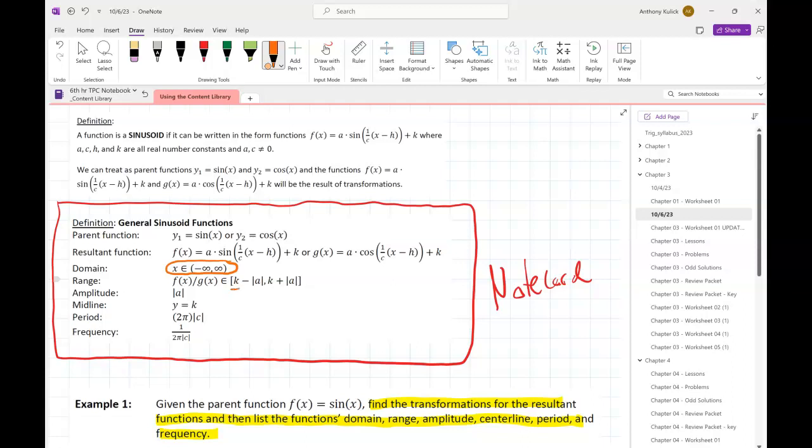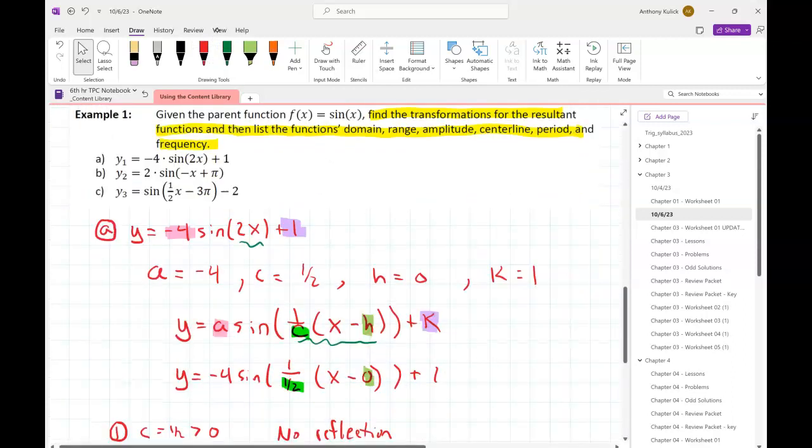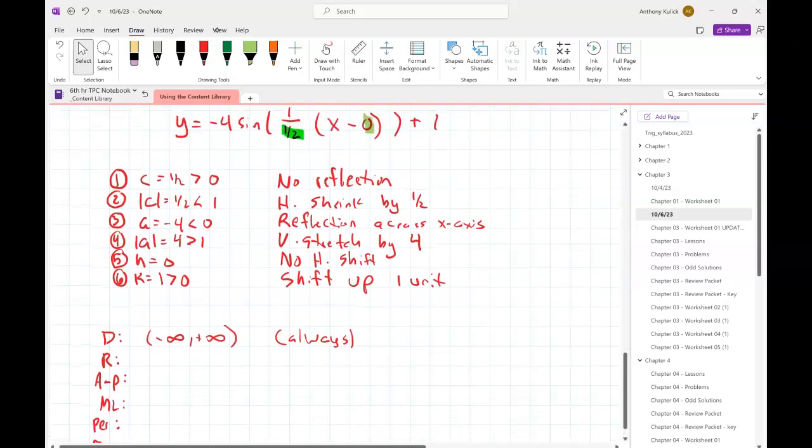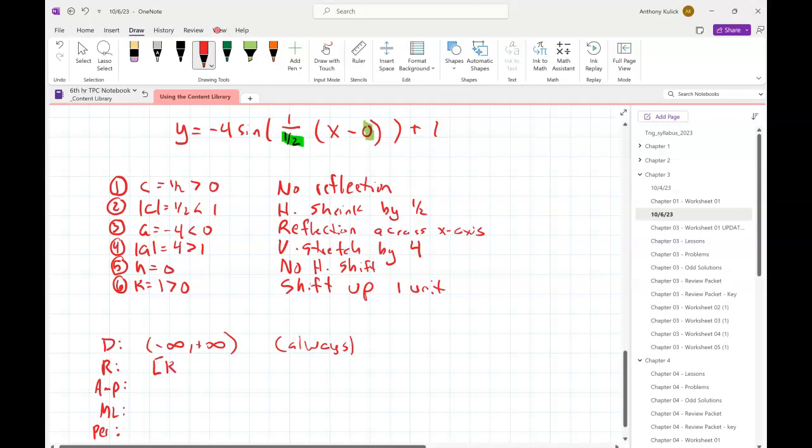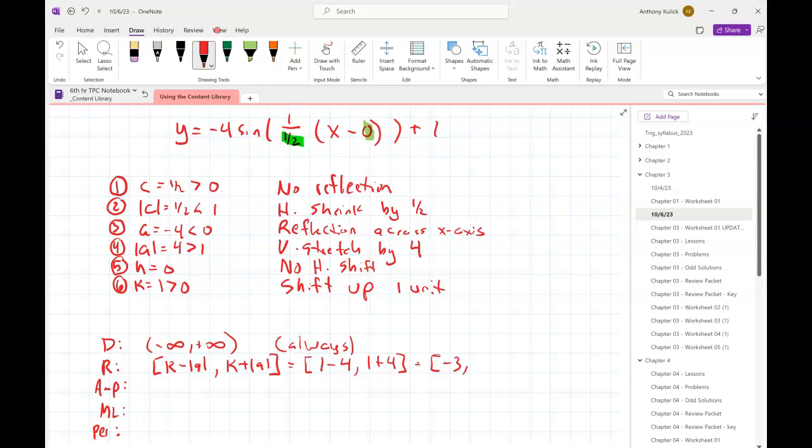The range is going to be K minus the absolute value of A, comma K plus the absolute value of A. So the K in our problem was 1. And the A in our value was -4. So my range should be -3 to 5.